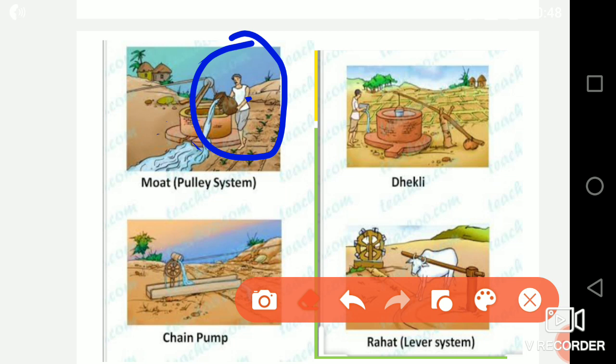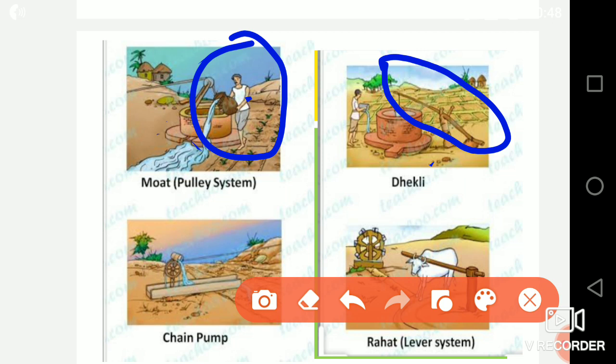Another one is the Dhekli system. In the Dhekli system you can see there is a lever-like structure. A wood acts as a lever, and on it a long log of wood or a bamboo can be used.